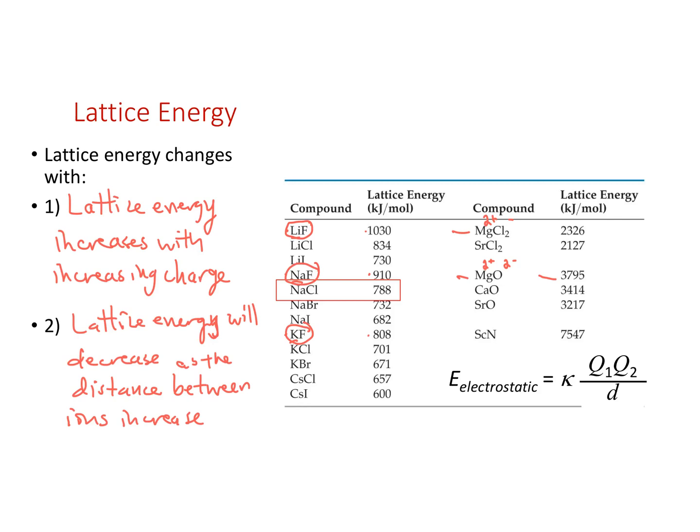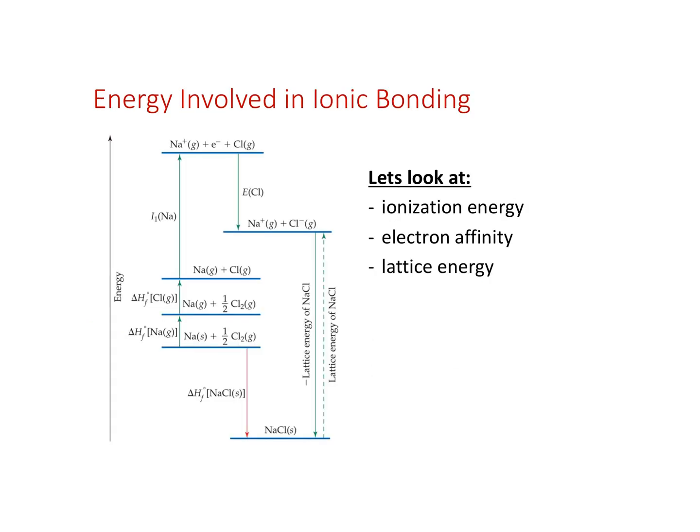What about the sodium chloride that we were curious about? Sodium chloride has a lattice energy of 788 kilojoules per mole. That's the energy released by bringing sodium and chloride together. That's an exothermic energy. So putting all of those together, here's my first step. I take my sodium, and this corresponds to the ionization energy of sodium.